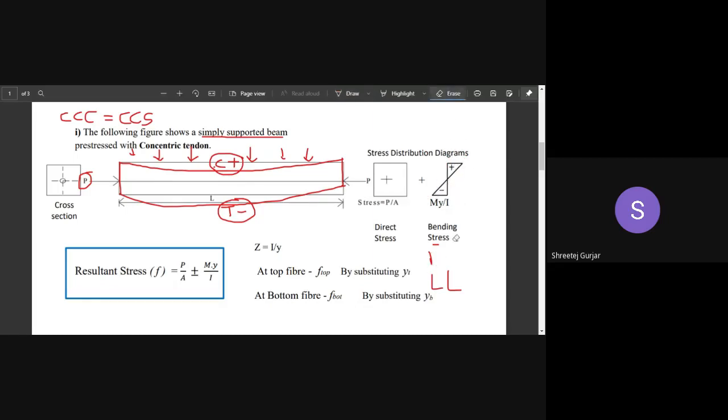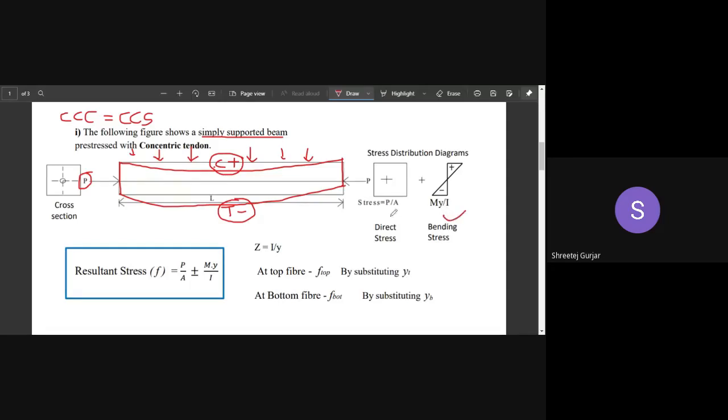You can also draw the combined one for dead load and live load. So you can draw a combined stress diagram, or you can draw separately for dead load and separately for live load, depending upon the question or your method of solving. You can add both of them and draw a combined bending stress diagram, which is this one.